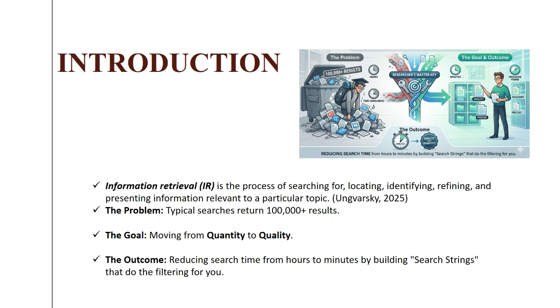But these tools that we're discussing today can help minimize the time that you use in searching for information, and also give you quality information, and also it's more precise. So we're moving from quantity to quality, reducing time from hours to minutes by building search strings that do filtering for us.